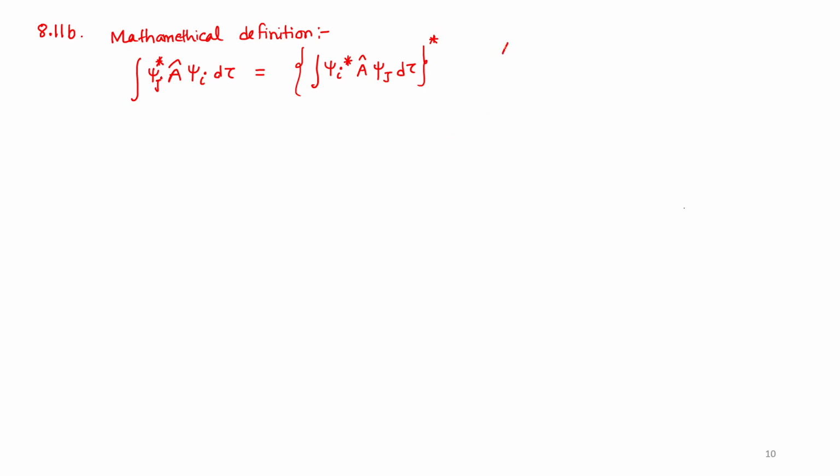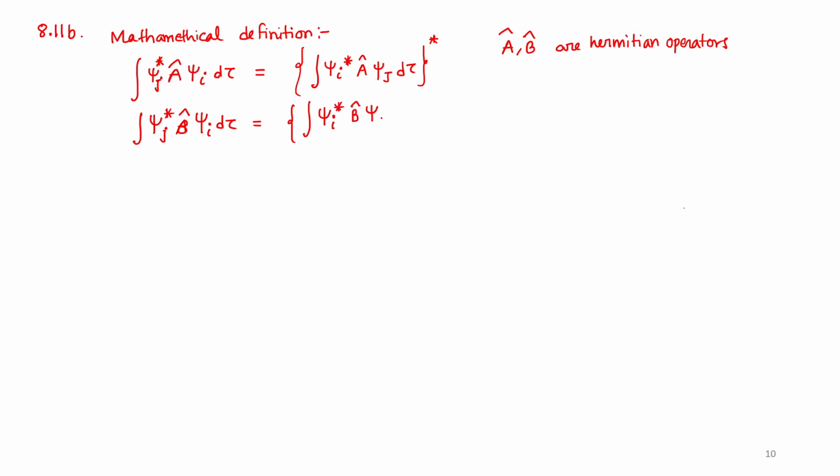Here it is given that A and B are Hermitian operators, so obviously for B we can write a similar set of equations with the same eigenfunctions, psi i d tau.